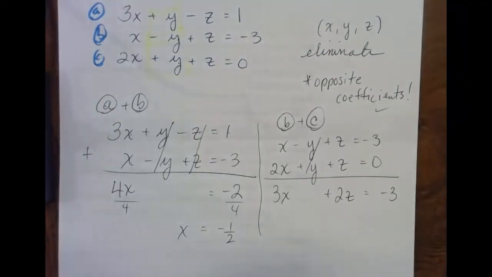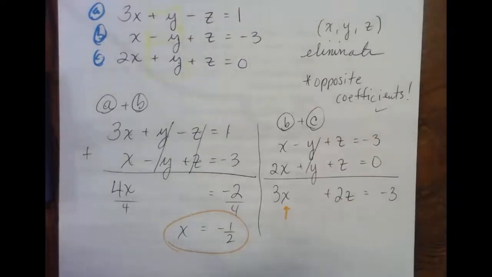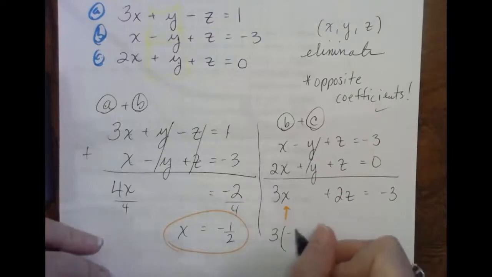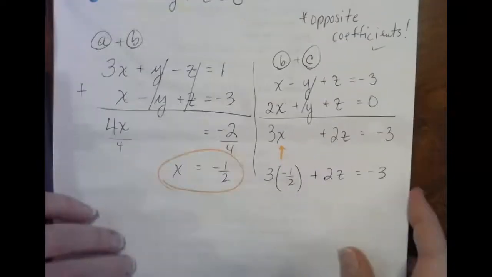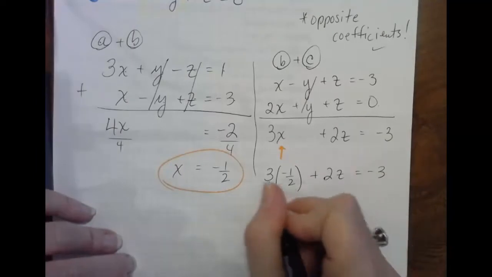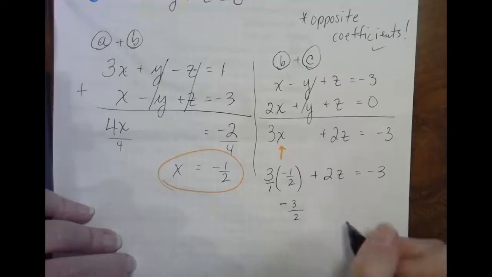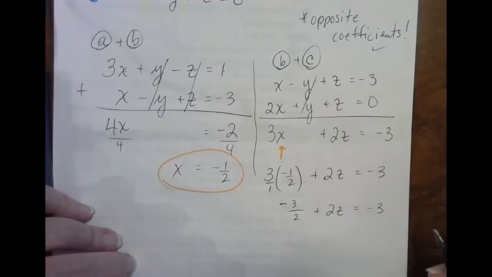Now, the good news is we don't have to do elimination again because we already know x. X is negative half. So we can make that substitution right there and get 3 times negative half plus 2z equals negative 3. So now we've got 3 times negative 1/2 is negative 3 over 2 plus 2z equals negative 3.